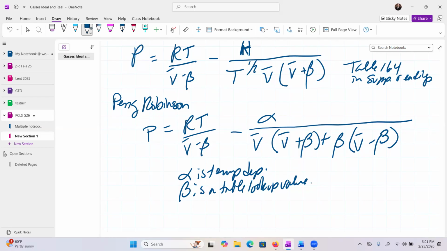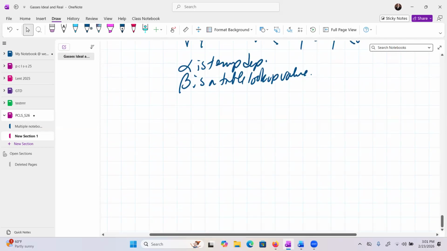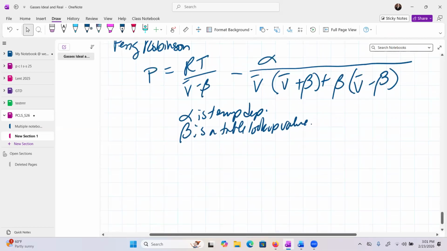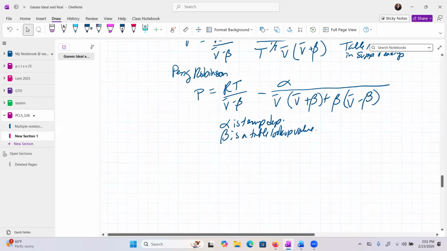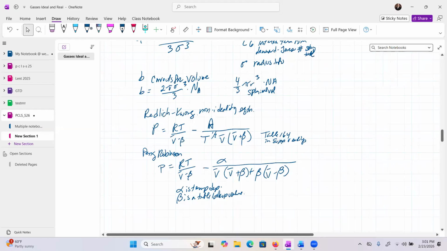Okay, so this gives you a way to correct for the non-ideality. You could use any of them. The nice thing about the van der Waals is there is actually a physical interpretation for what the corrections mean.